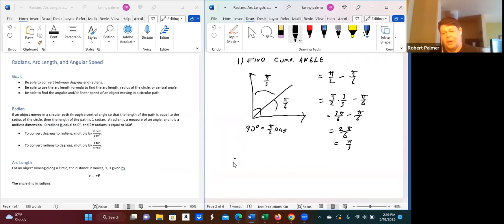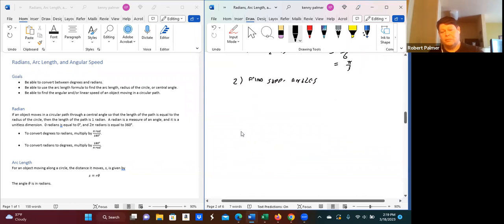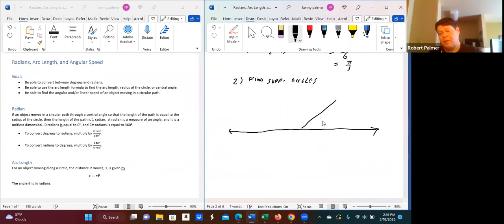Now, let's also find the supplementary angle. Remember, supplementary angles are angles that add to 180. So here we have pi over 6, and we want to find this angle here. Remember that 180 degrees is equal to pi, so this angle is equal to pi minus pi over 6.